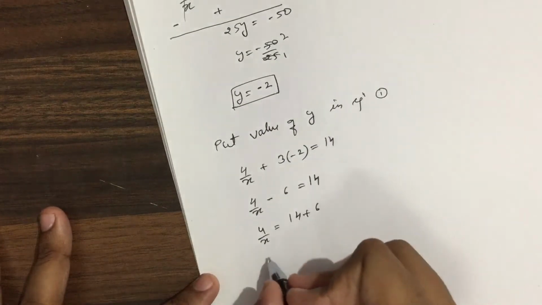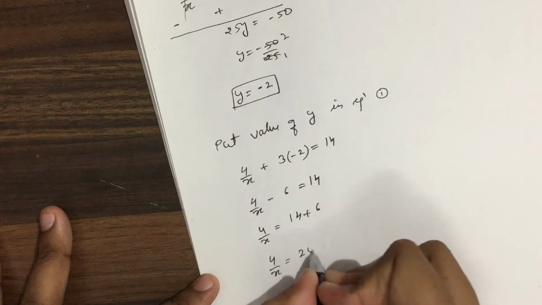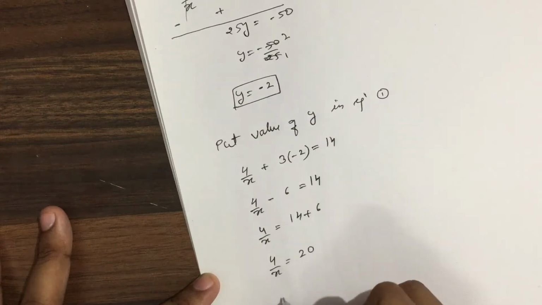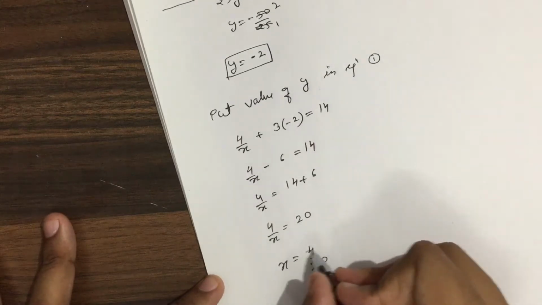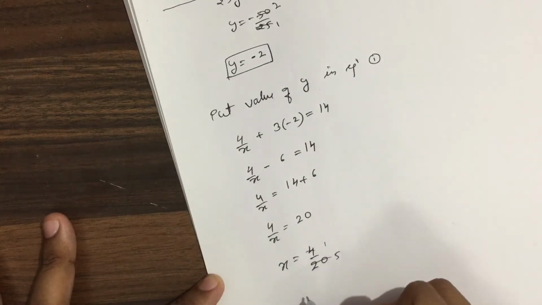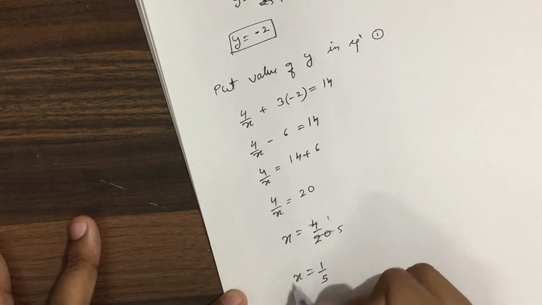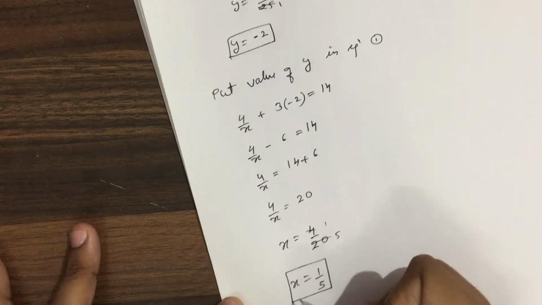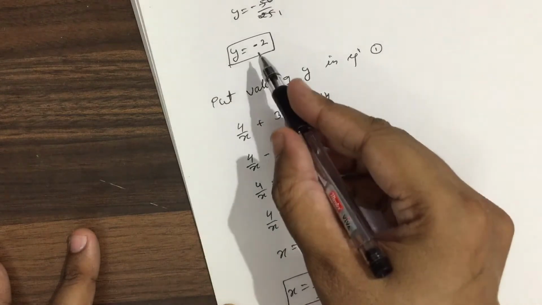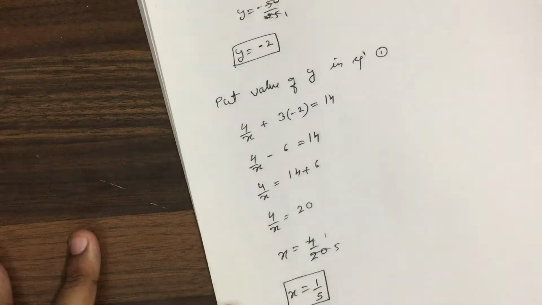This will give 4 upon x is equal to 20. On rearranging, x will be 4 upon 20. 1 times, 5 times. This will give you x equal to 1 upon 5. So your answer is x equal to 1 upon 5 and y equal to minus 2. Okay, this completes your part 3 of question 1.